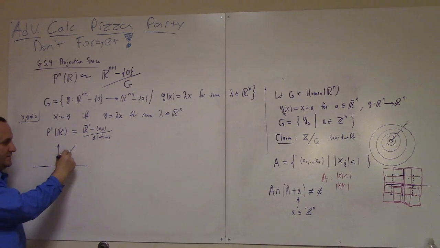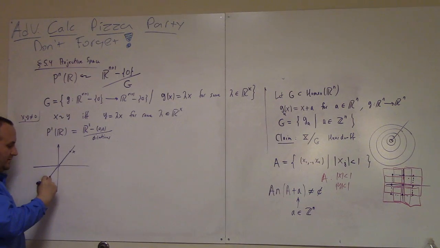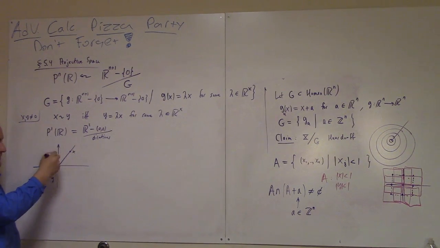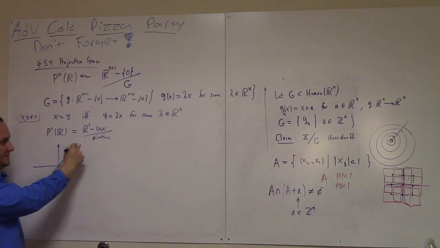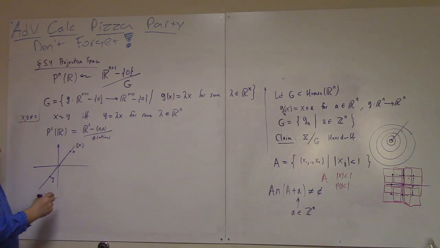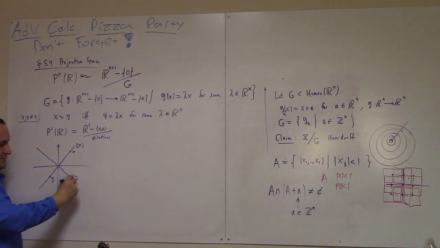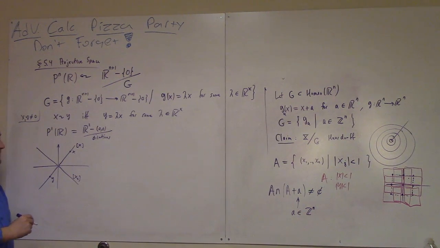So like this is an X, maybe this is a Y for lambda negative. And so forth. So this would be X, X2, et cetera.